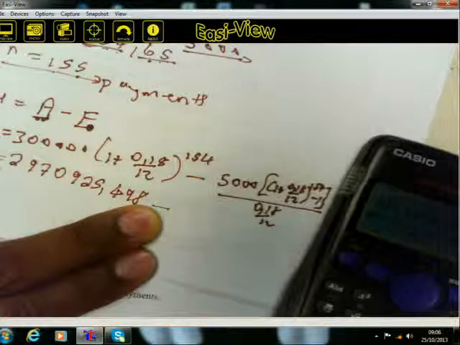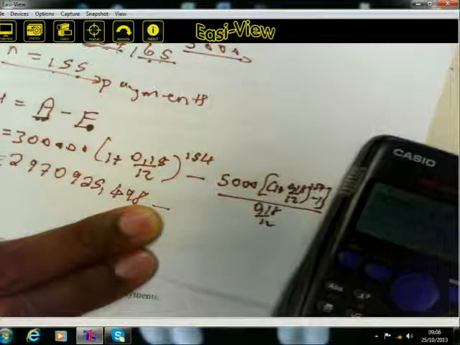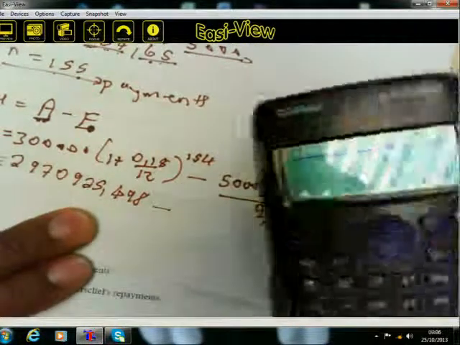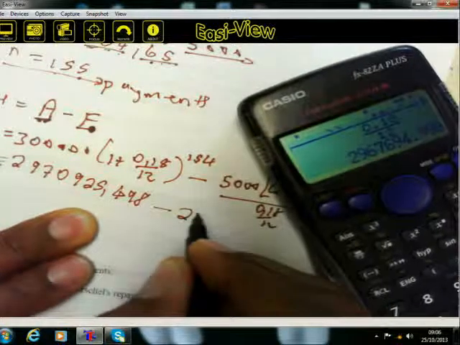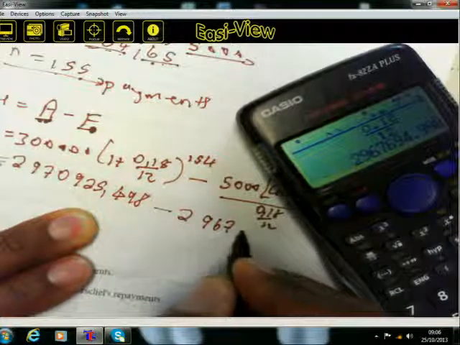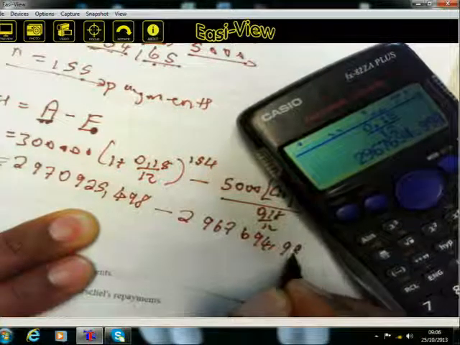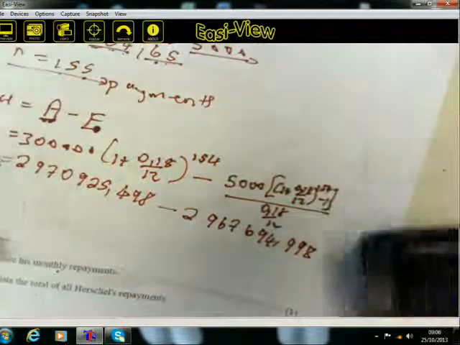You just want to check how much maybe the person has paid, and then divided by 0.18 divided by 12. Let us see now here. This one gives us 2,967,694 rand 90 or 998.